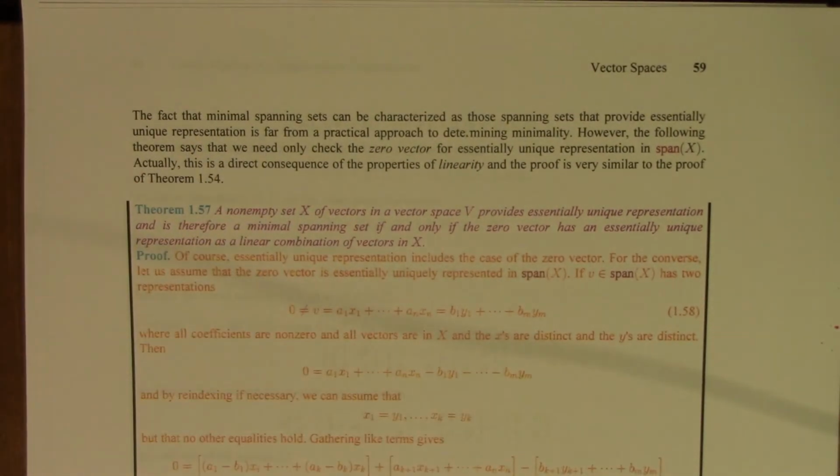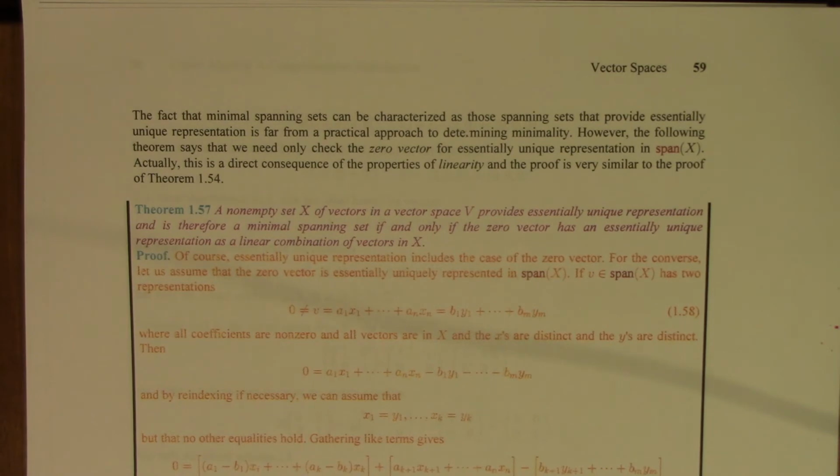The fact, of course, that we've just proven that minimal spanning sets can be characterized as those spanning sets that provide essentially unique representation is far from a practical way to determine minimality. It describes the reason that minimality is important, but it's not very useful for determining minimality.